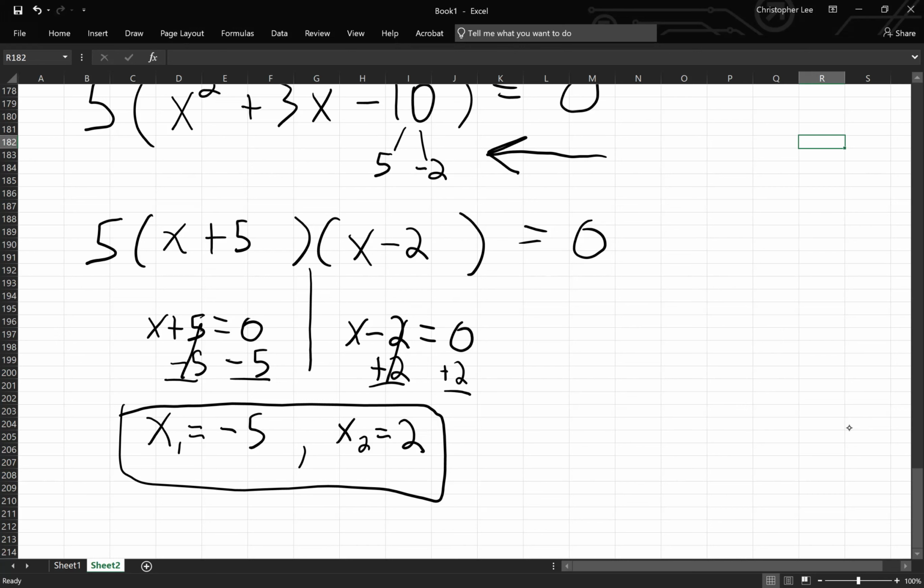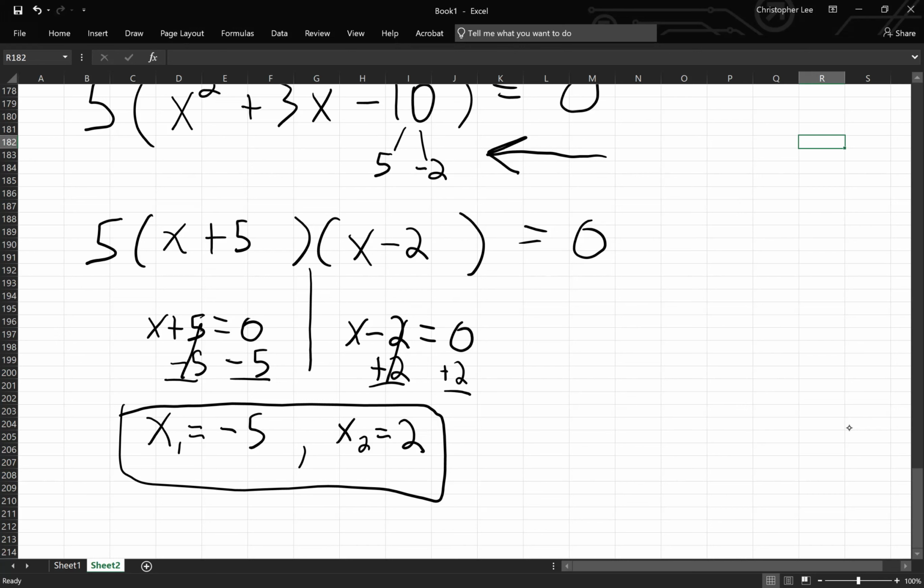Only when there's a number in front of the X squared, like the A, right? If that number is bigger than one, then we definitely got to do the grouping and all of that, you know? But you can shorten it a little bit with the C method here if you don't have a number in front of the A.